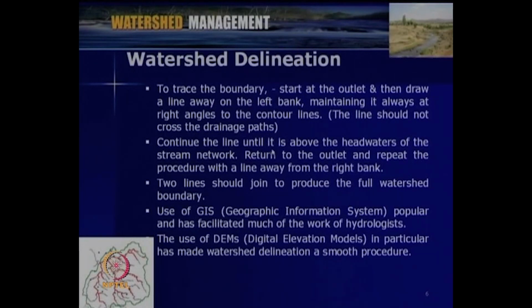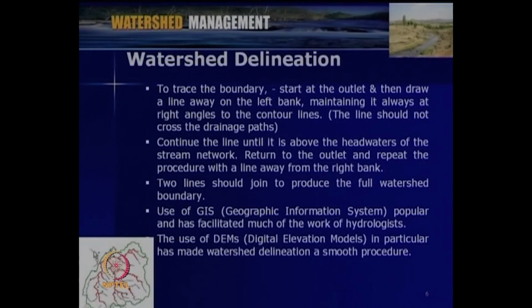So, that is our main aim. Then continue the line until it is above the headwaters of the stream network. We can continue on the ridges and keep on going, and then return to the outlet and repeat the procedure with a line away from the right bank. So, we can start from one location and then go back like that.